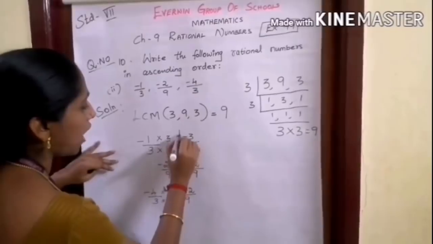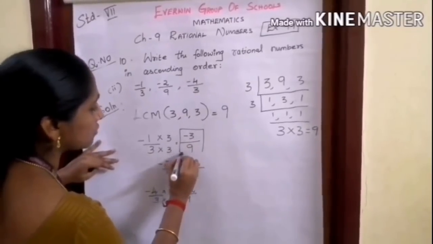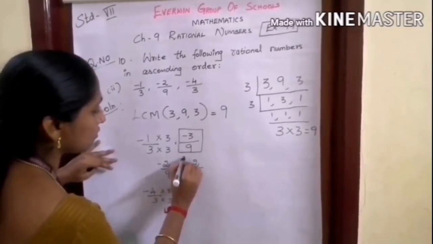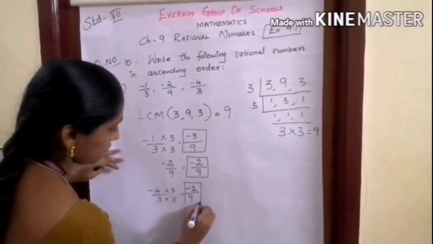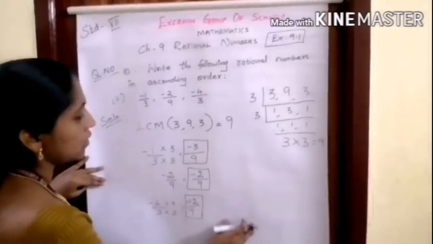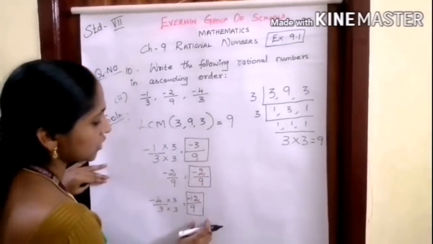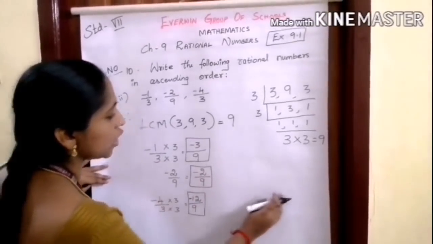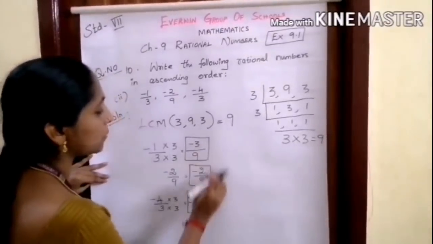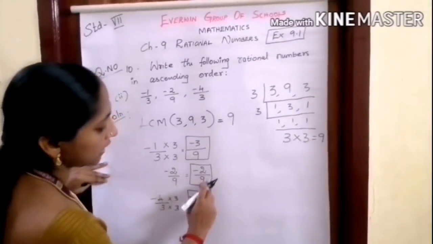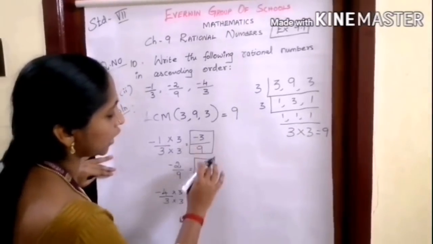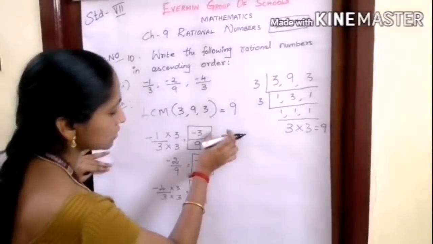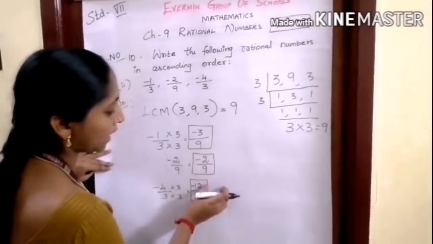Now I am going to arrange these numbers in ascending order, smallest to biggest. Now all the denominators are the same, so we are going to compare only the numerators. Here: minus 3, minus 2, minus 12.